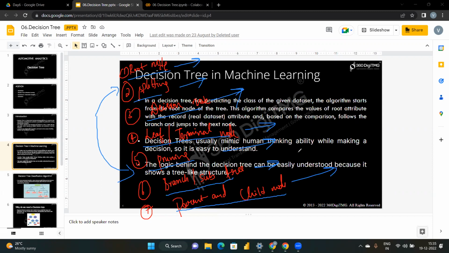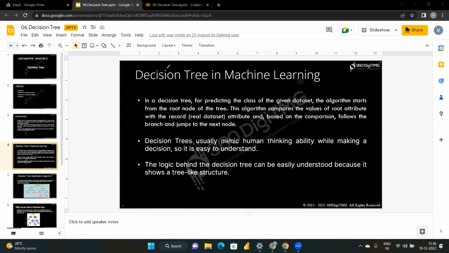And the order of placing attributes as root or internal node of the tree is done by using some statistical approach. This decision tree follows the sum of product, which is nothing but SOP.